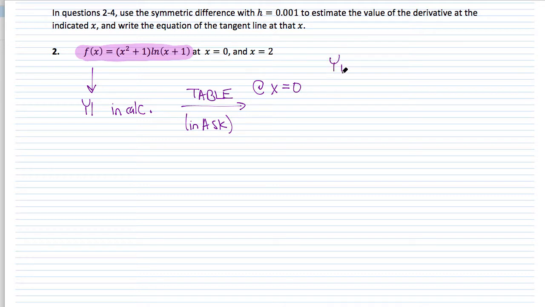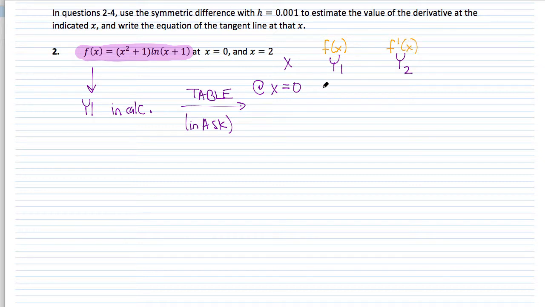And so I'm going to write this exactly how I see it on my calculator. I have a column for y1 and a column for y2. And actually this is a column for x, now that I think about it. And so our y1 gives us the value of our function. So y1 is giving us the value of f of x, and our y2 is actually giving us an estimate for the derivative at that coordinate.